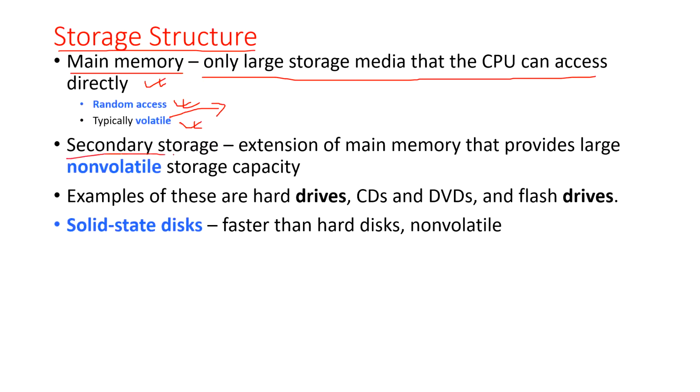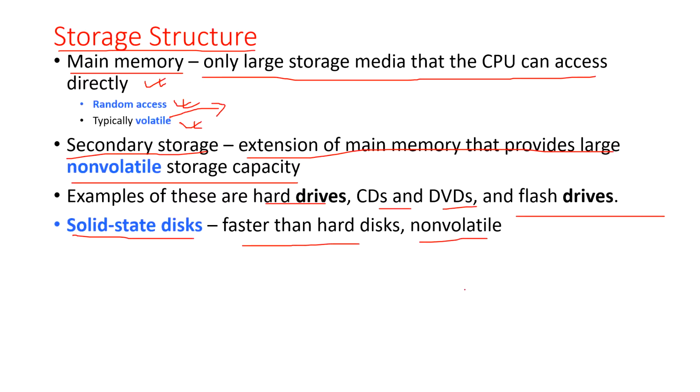Then we have secondary storage, an extension of main memory that provides large non-volatile storage capacity; the data remains stored even if the power goes off. Examples of secondary storage are hard disks, CDs, DVDs, and even some flash drives. Then we have solid state disks, which are faster than hard disks and non-volatile in nature. So this is the storage structure of a computer system.